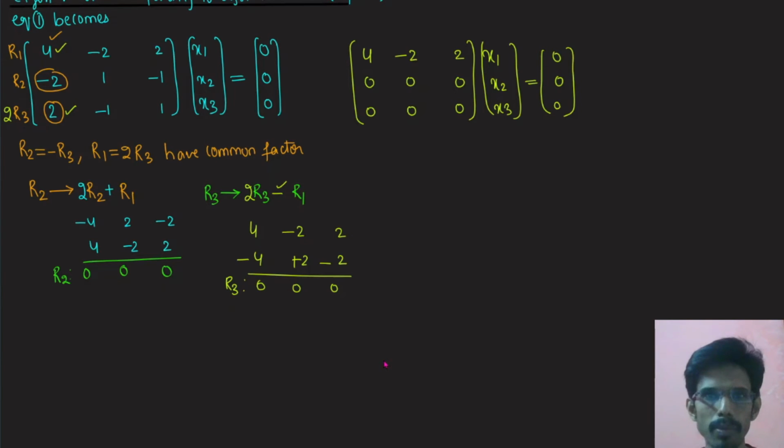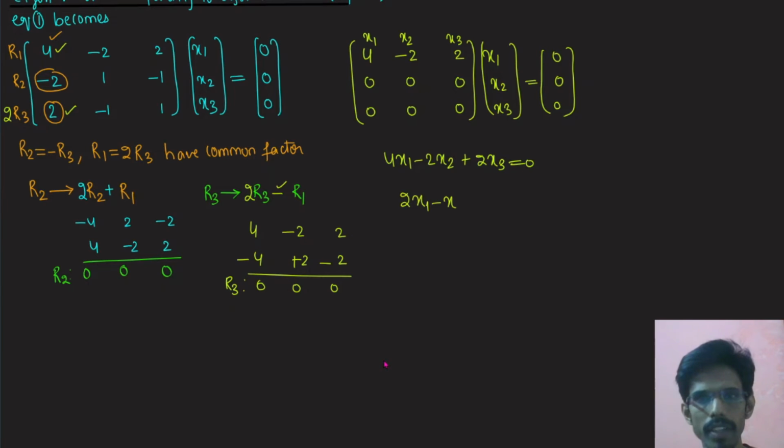Now by backward substitution, this will become 4x1 minus 2x2 plus 2x3 is equal to 0. Take 2 common, we have 2x1 minus x2 plus x3 is equal to 0. Now we have only one equation and 3 unknowns.